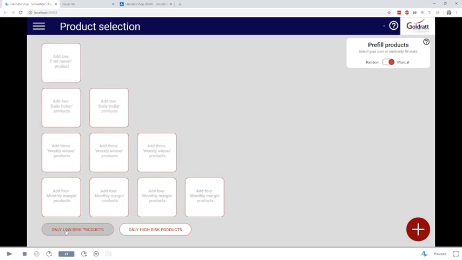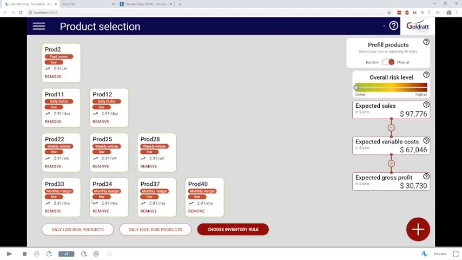You can say, please just give me low risk products and it will populate everything with low risk products. Or please just give me high risk products. Or you can say, please fill everything with random products. So we'll have a couple of low-risk products, medium-risk products, and high-risk products, and on average, you can see our risk level is around medium.